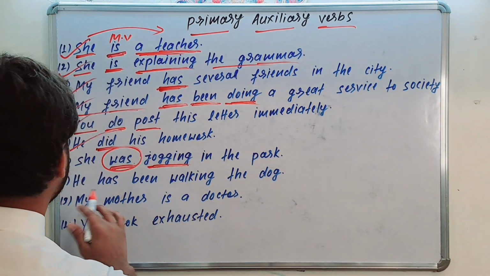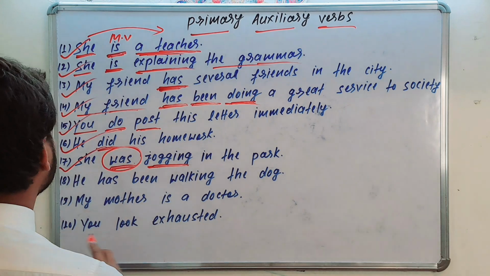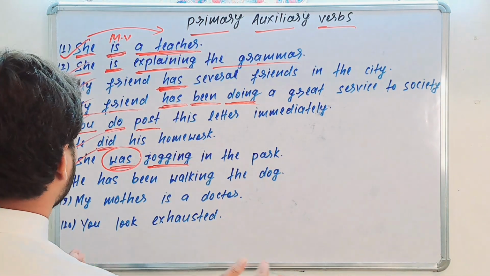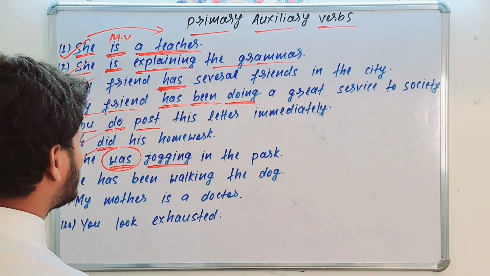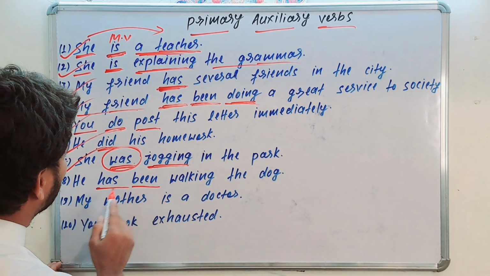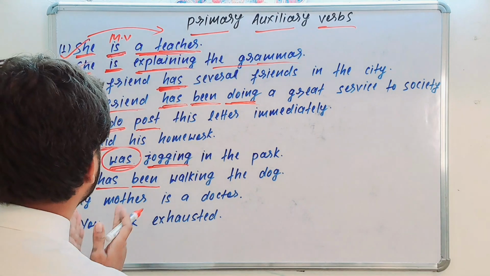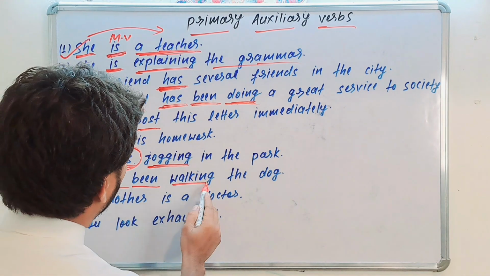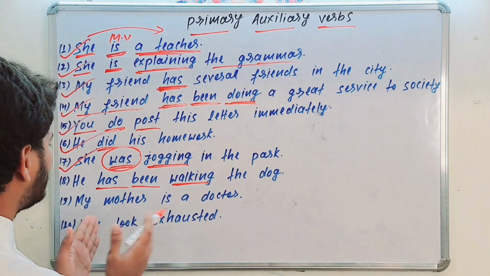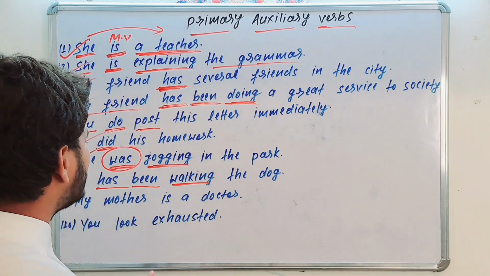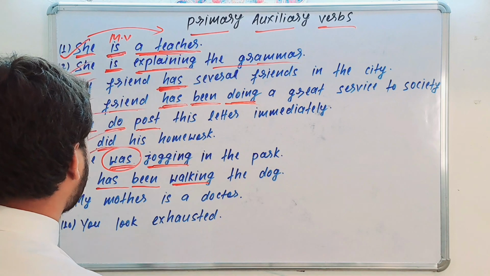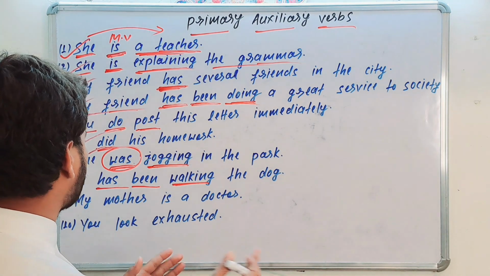To spot these things. And next one, he has been walking the dog. Here see, he has been walking. Has been, both are helping verbs, auxiliary verbs, and walking is your main verb. I told you the role and use of helping verbs, which tell us about the time, tense, and voice of main verbs.